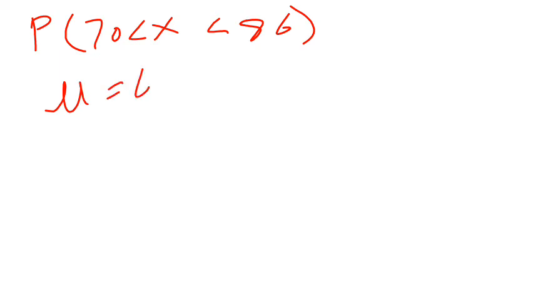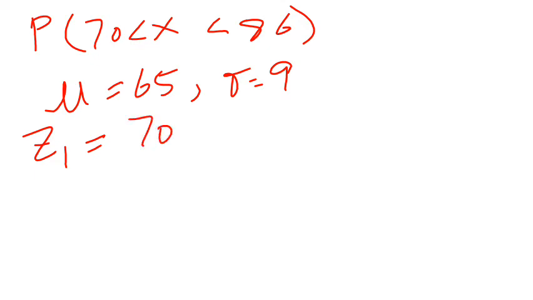I give you one more example. For example, we want to know the probability that x is less than 86 and greater than 70, where mu is 65 and sigma is 9. We transform both x's one by one. We can say this is x1, z1.